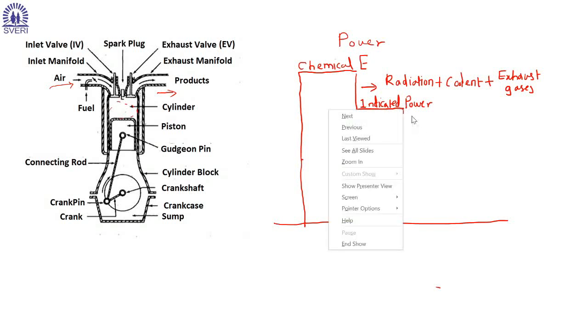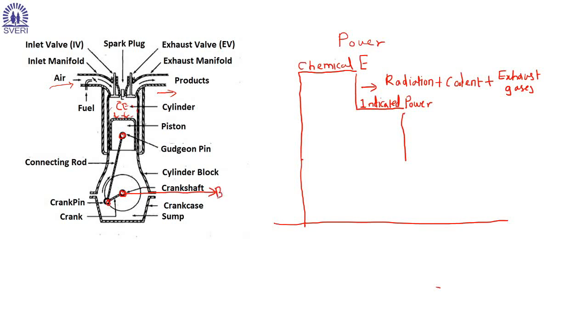Now again, this energy liberated here is your chemical energy. Whatever the piston receives is your indicated power. Now we see there are some mating parts. This is one mating part, this is another mating part, this is another mating part. So friction takes place between mating parts. And due to that, whatever output we get, output meaning crankshaft, that output we call brake power.